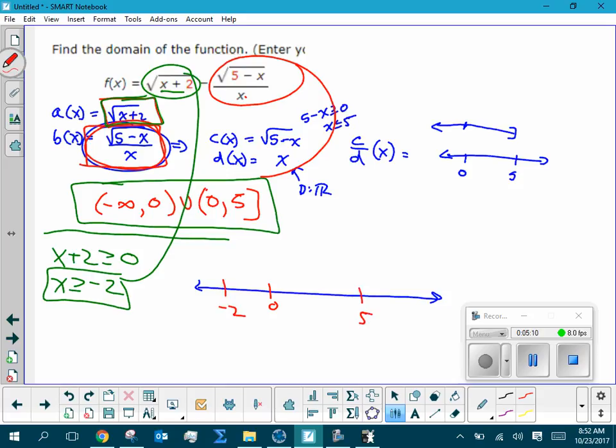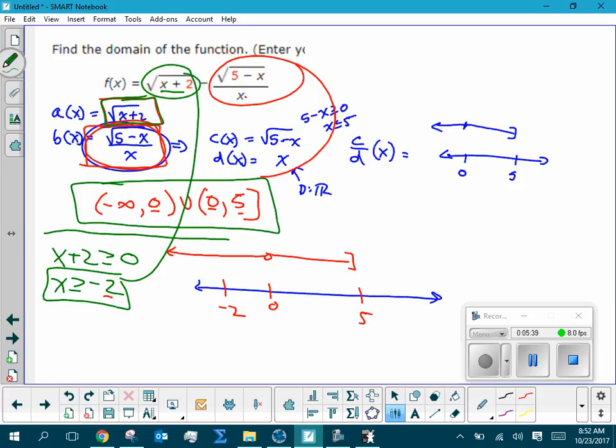Every time I do the domain work and see x is less than or equal to this number, or x is equal to this number, those become critical points on my number line. So negative infinity to 0 would look like that, and then 0 to 5 would look like that.